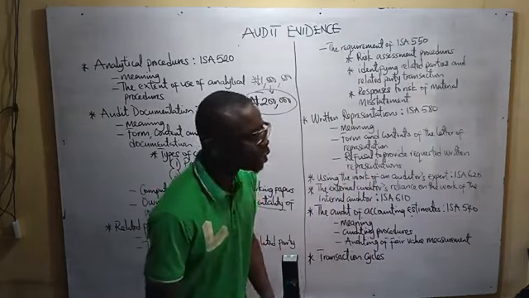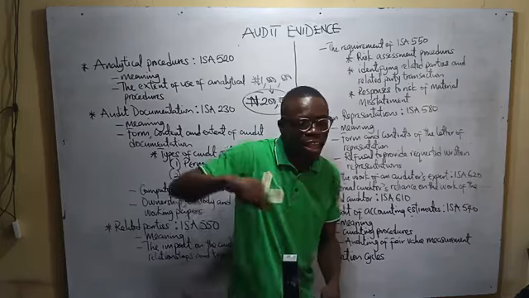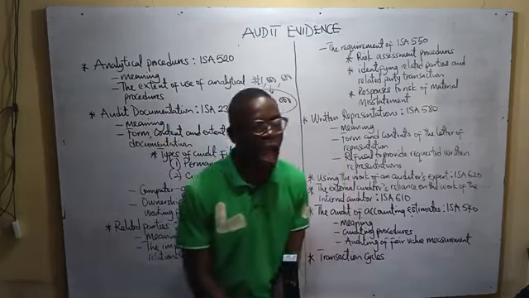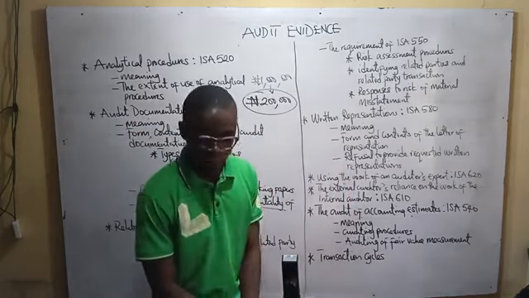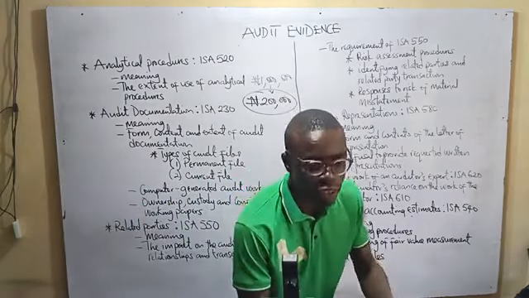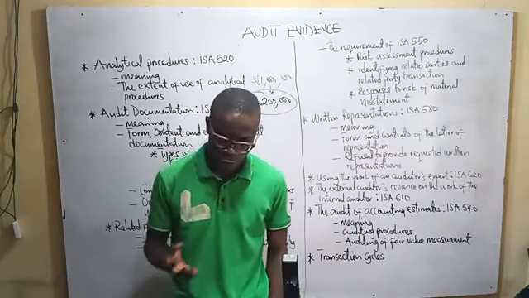What has happened? That means there is something fishy. So you should reconsider the other written representations that the management has provided. Check whether they are true or whether they can be used as audit evidence. Am I communicating now? Do we get it?